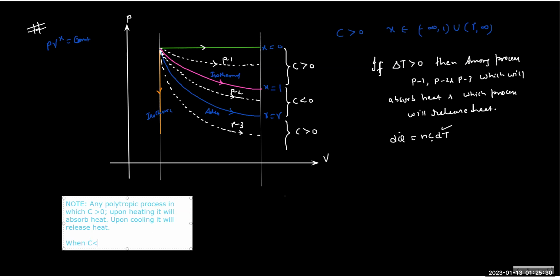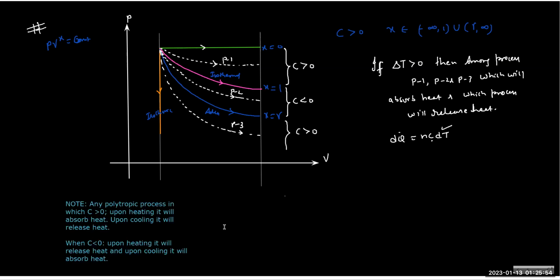When C is negative, upon heating it will release heat, and upon cooling it will absorb it. So in physics, it is not necessary that every time you raise the temperature, heat is absorbed by the system. Theoretically, anything is possible, so you have to check the C value.